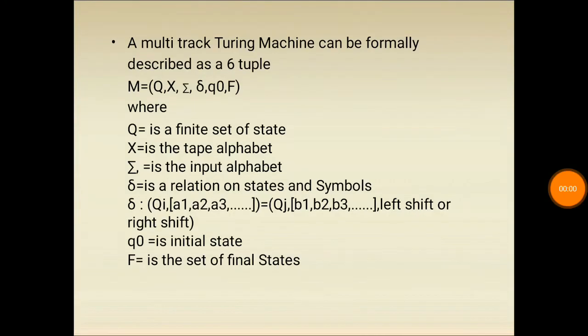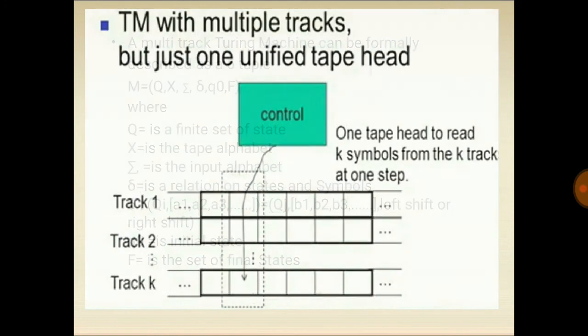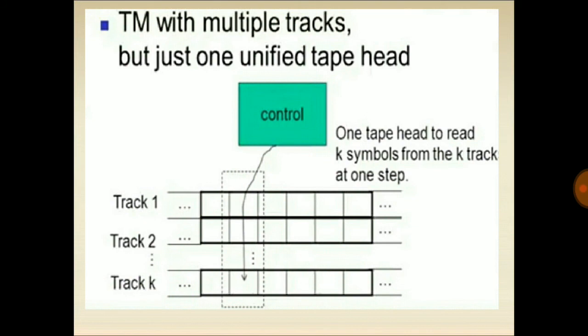A multi-track Turing machine also consists of 6 tuples, which is similar to the multi-tape Turing machine, except for the transition function, which consists of the multiple tracks from A1 to AN and B1 to BN. This diagram explains the Turing machine with multiple tracks with one tape head to read the K symbols from the K tracks at one step.